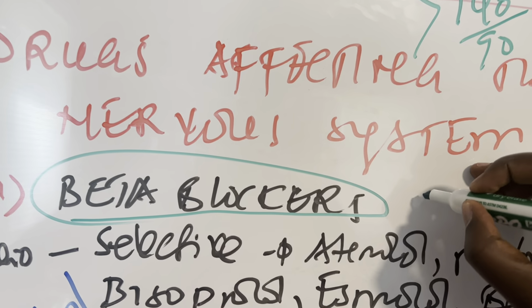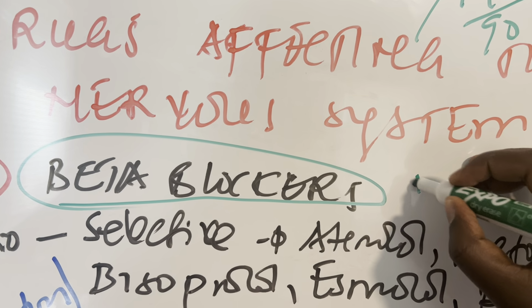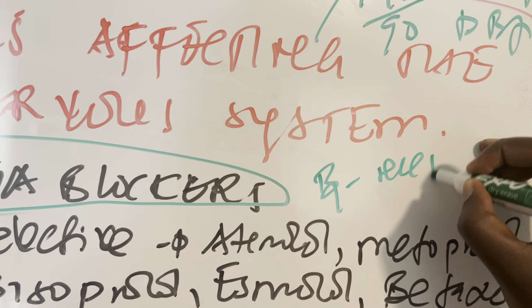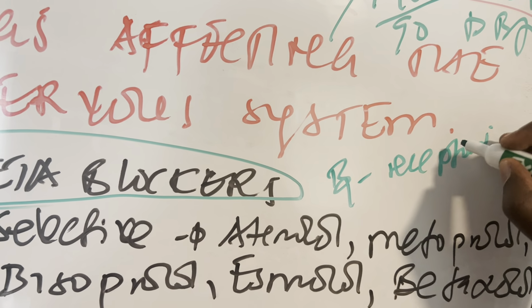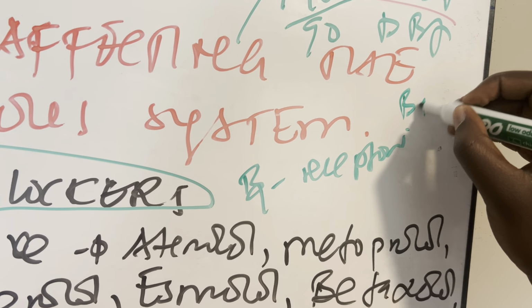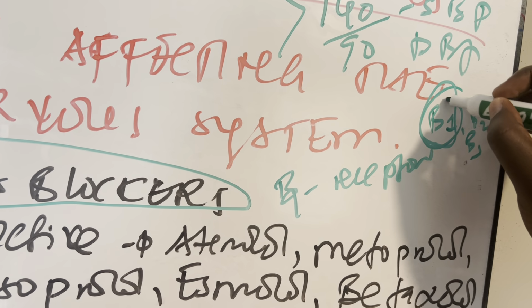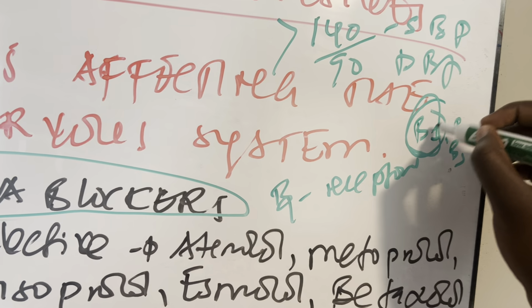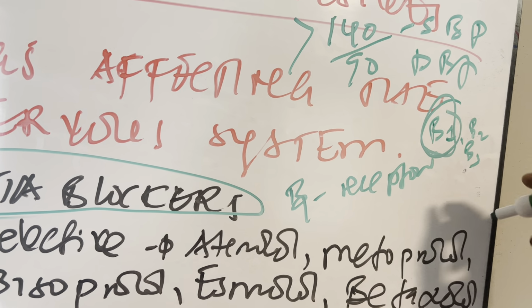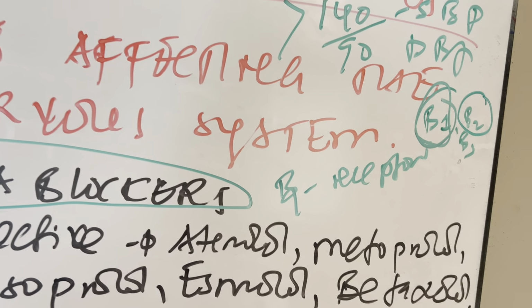So they block beta receptors, let's say B1, B2, B3. B1 is predominantly found in the heart, and then this one in the airways.